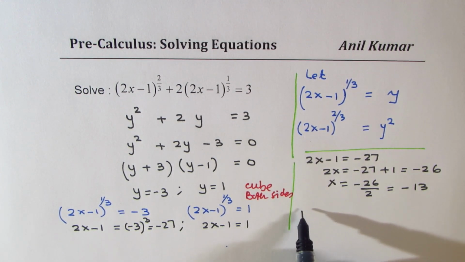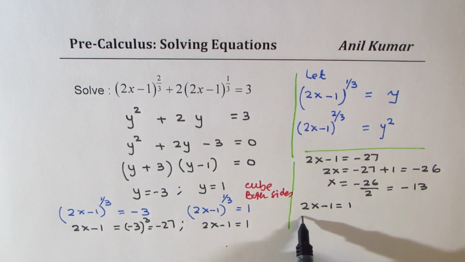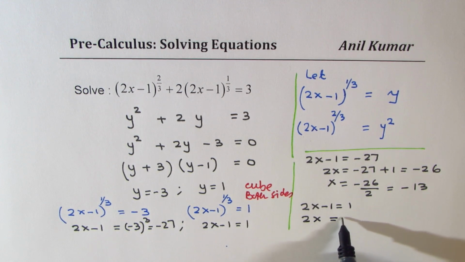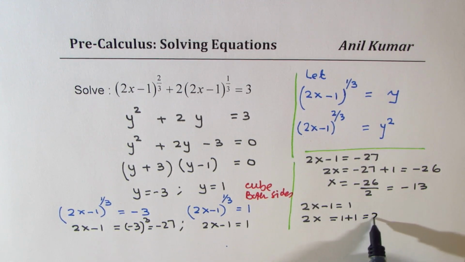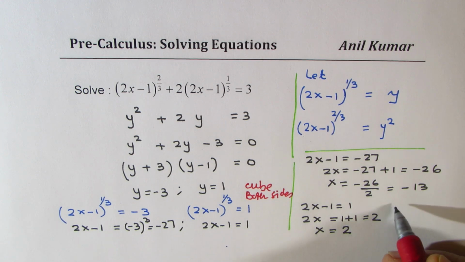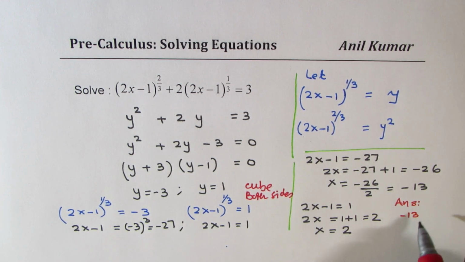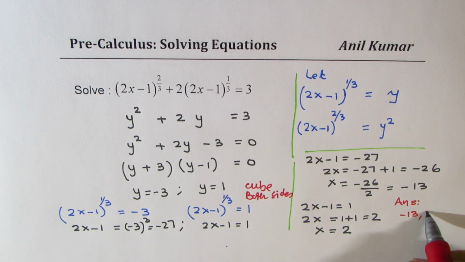For the second equation, it is 2x minus 1 equal to 1. So that gives you 2x equal to 1 plus 1, which is 2. So that gives you x is equal to 2. So we have two solutions here. We can write down our answer, which is, in this case, minus 13 and 2.